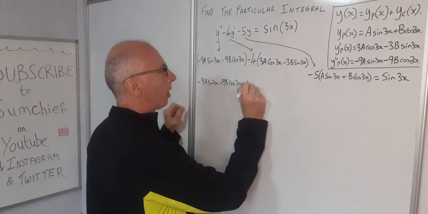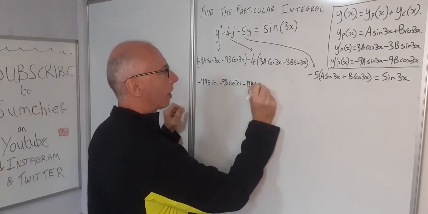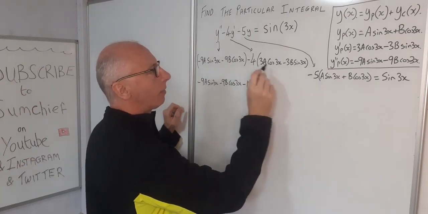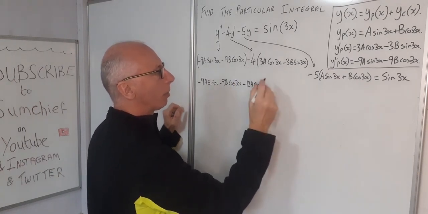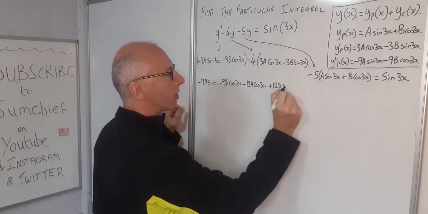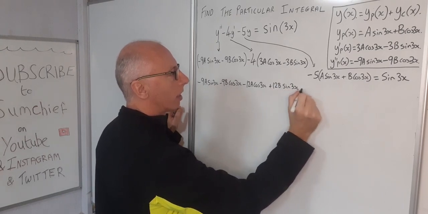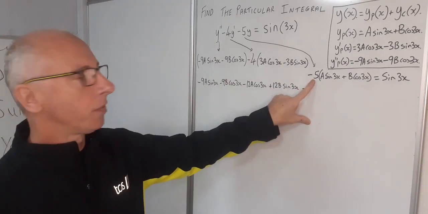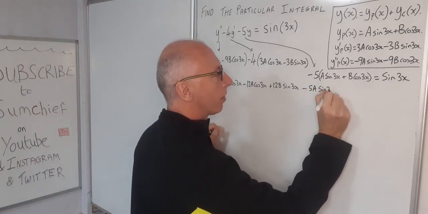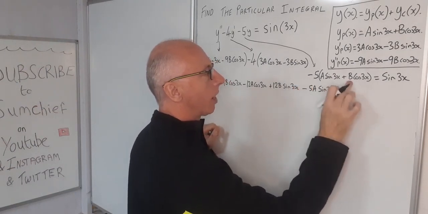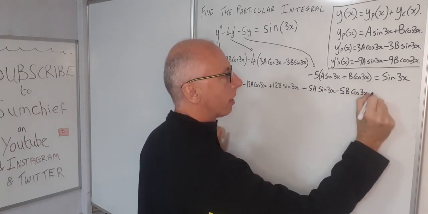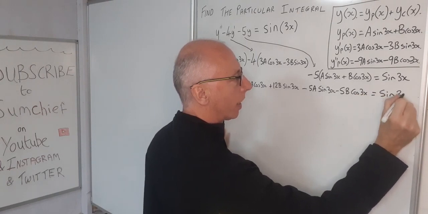So minus 12a cosine 3x, that's 3 times 4a. And then minus 4 times minus 3b is going to give us a positive 12b sine 3x. And now we're going to distribute this 5. So that's minus 5a sine 3x and minus 5b cosine 3x, and that equals sine 3x.